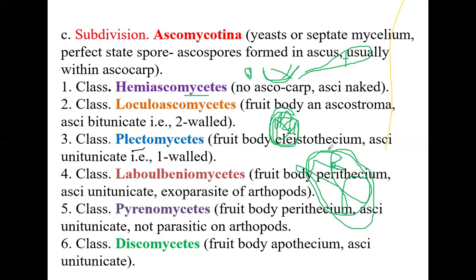Okay, and if the fruiting body is a cleistothecium, round, globular, thick-coated, without a pore, that group of fungi is grouped under Plectomycetes. Okay, if the fruiting body is a perithecium, round, globular, open with a simple small pore, that we call a perithecium. The porous space we call the ostiole. The ostiole-bearing fruiting body we call a perithecium.